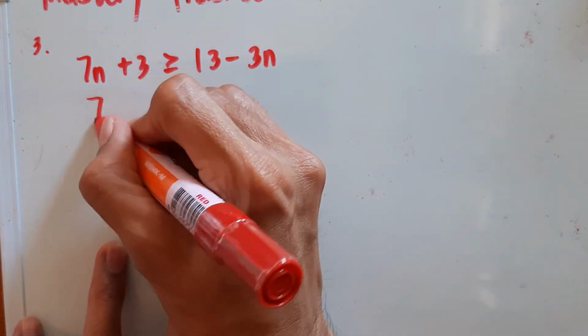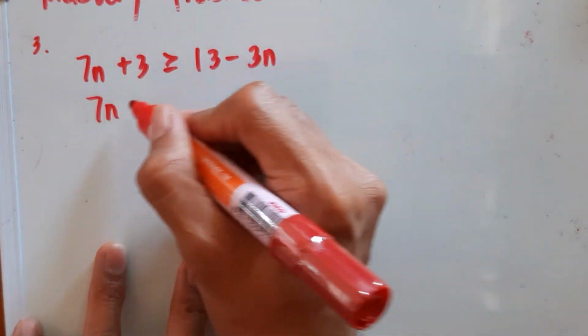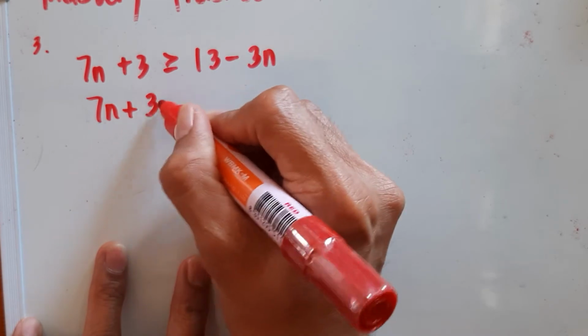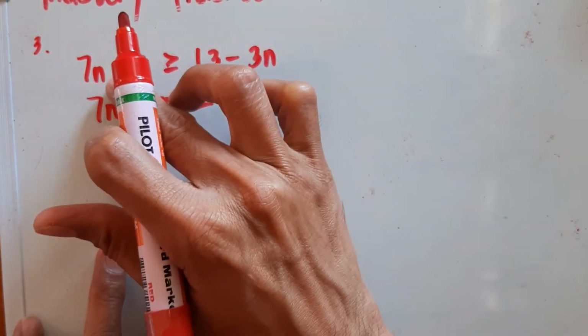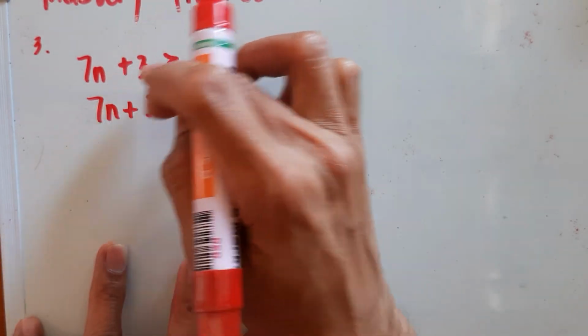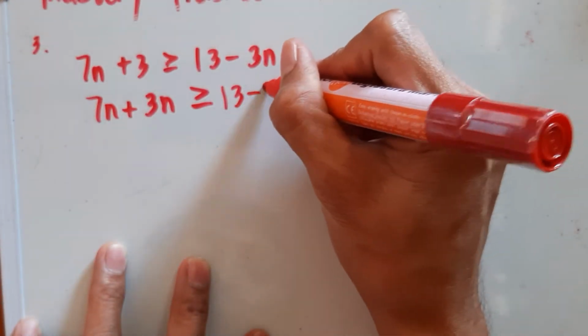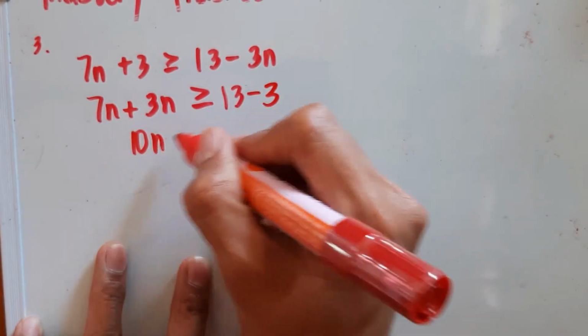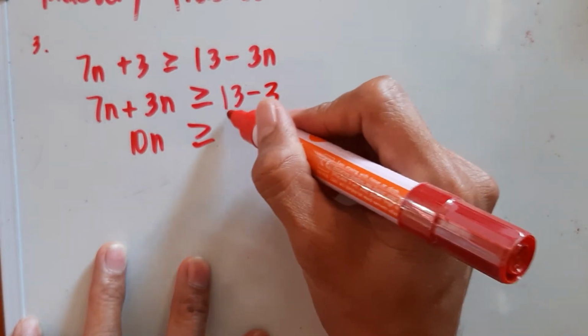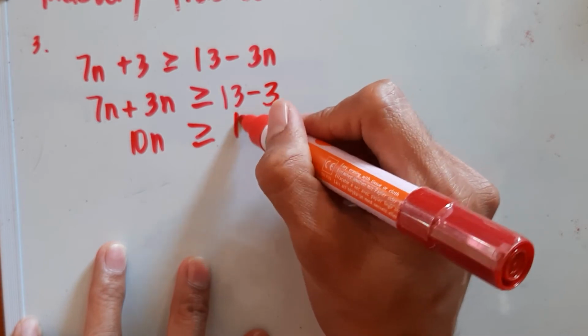So I would have 7n, then this one moved to the left becomes plus 3n is more than or equal to 13. And here, plus 3, if I move it to the right, is going to be minus 3. So 7n plus 3n is 10n is more than or equal to 13 minus 3, which is 10.